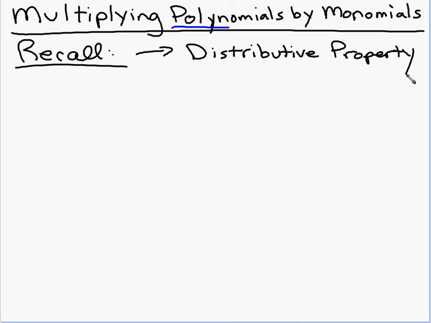Let's say that I have this problem. 5 times 3x minus 7 in parentheses. Do you remember what the distributive property says? What do we do?